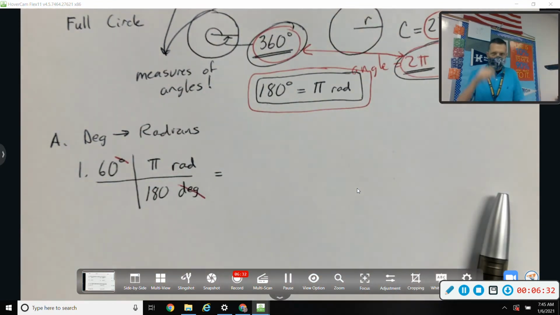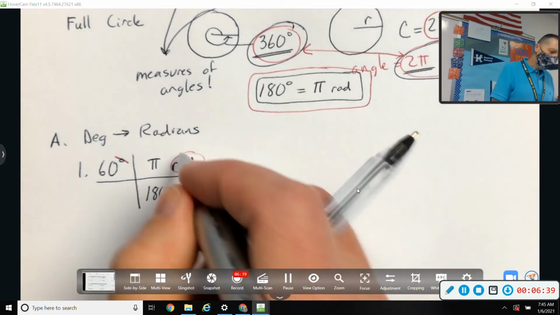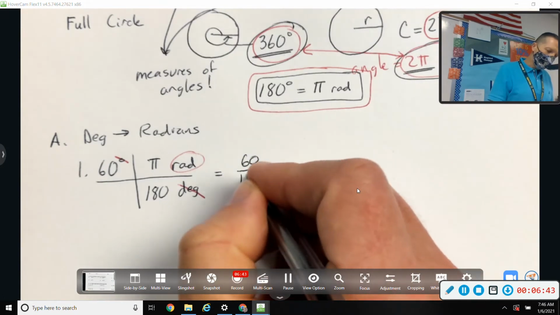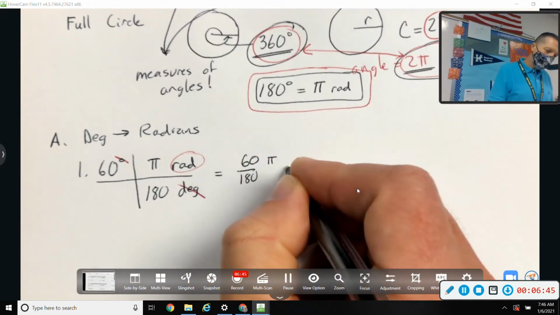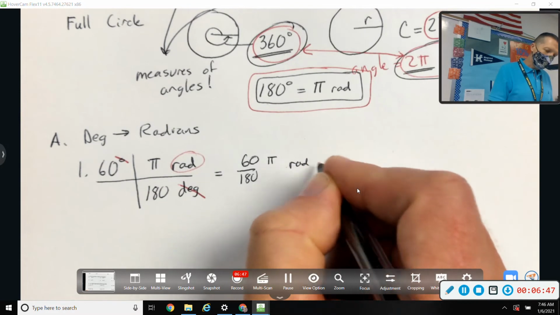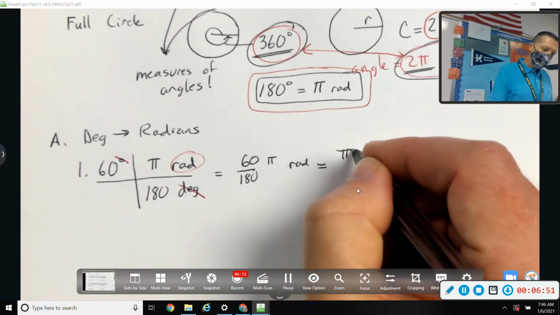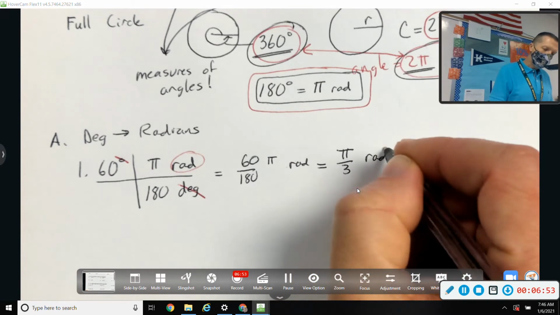It's kind of weird to cancel out the little symbol, but it means degrees. Cancel the degrees, and I'm left with radians. So 60 over 180 times pi radians. That's an easy reduce. So pi over 3 radians.